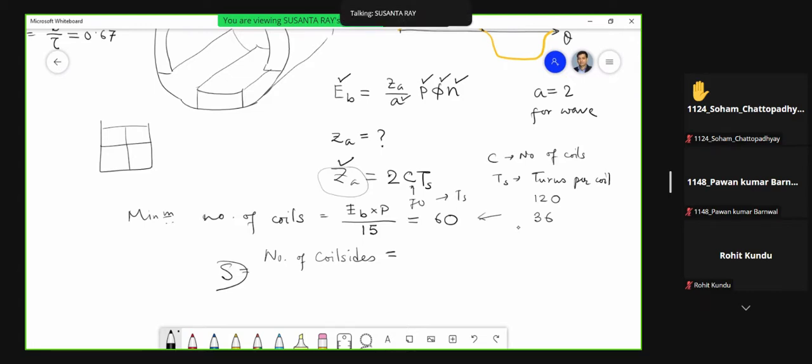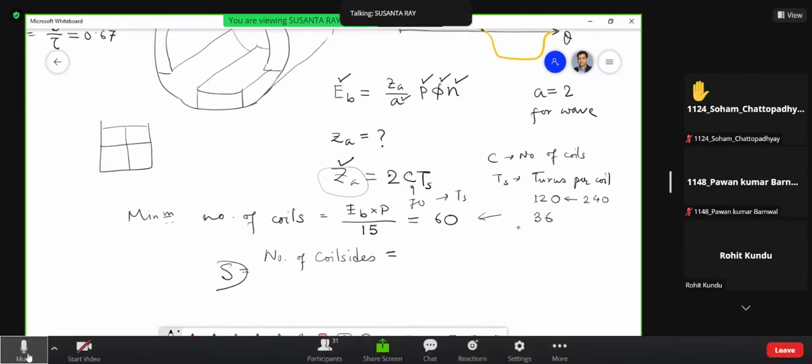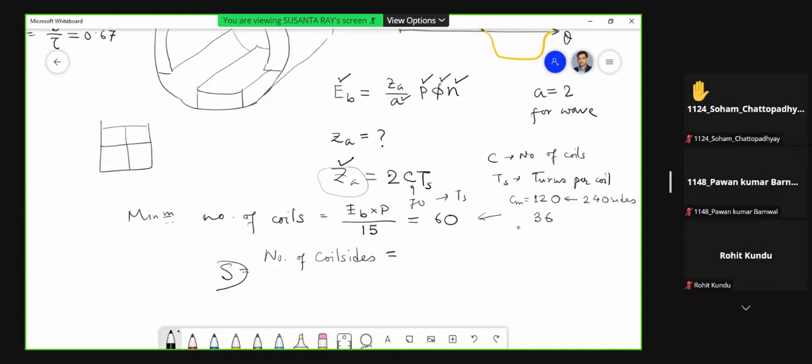Now you see that 120 coils means a minimum of 240 coil sides. Now these 240 coil sides you have to accommodate in 36 slots.